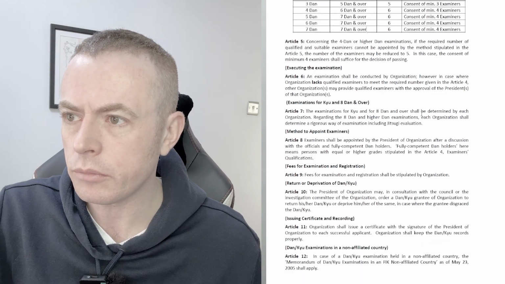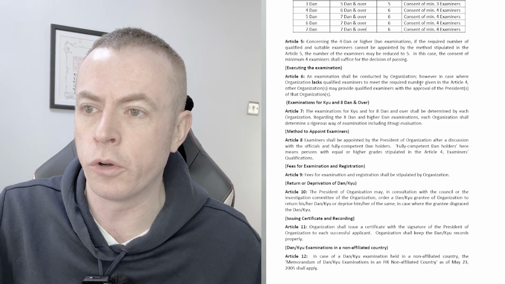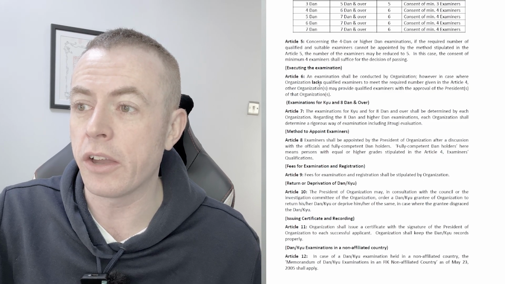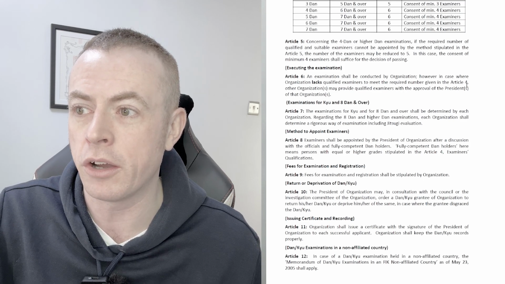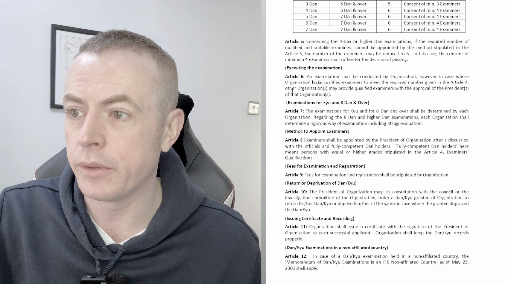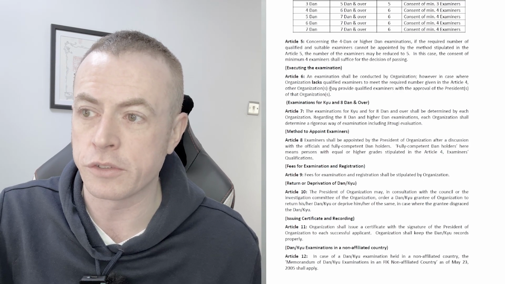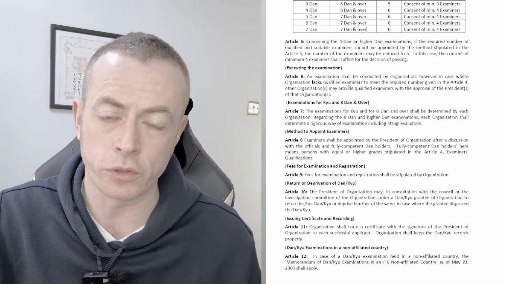Okay. And then the examination should be conducted by the organisation, and where the organisation lacks qualified examiners to meet the required number in Article 4, another organisation or other organisations may provide qualified examiners with the approval of the president of that organisation.